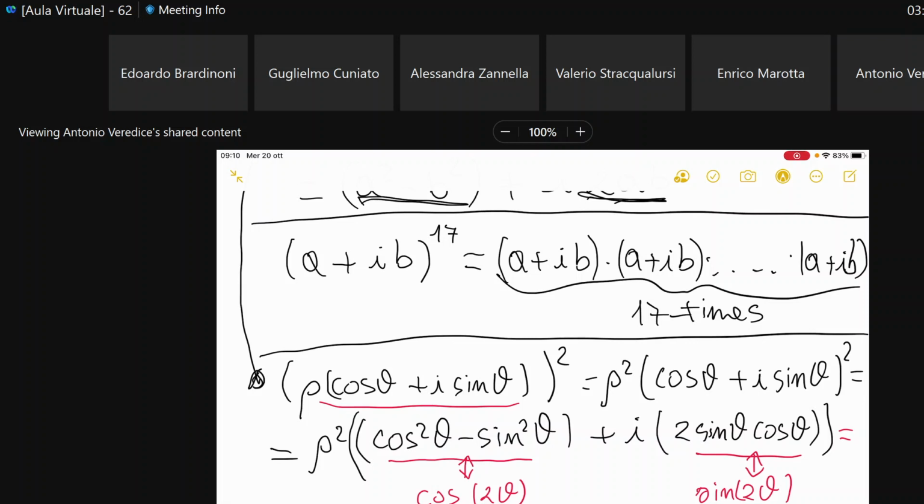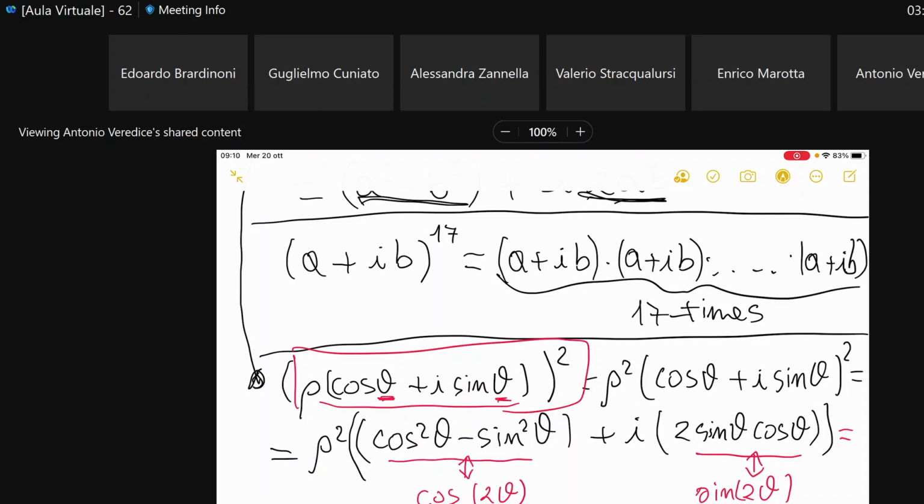And from this, you can argue that when I compute the square of a complex number written in trigonometric form, I get rho squared times the cosine of 2 theta plus I sine of 2 theta. So the argument, the angle, becomes 2 times the angle of the basic number.